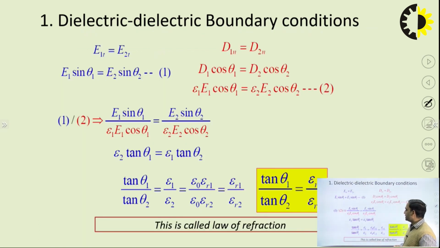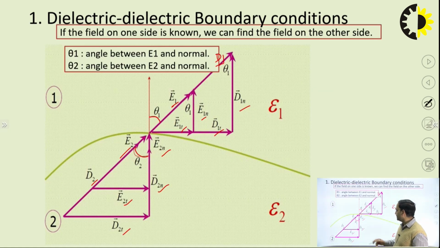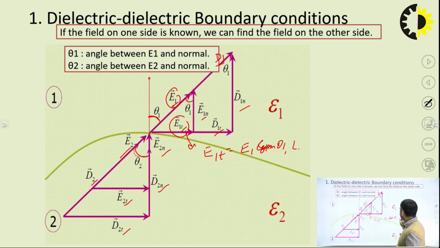For this case again we will use E1t and E2t. We can see it here: E1t is this one, this is theta 1. So what is the expression? E1t is equal to E1 sine theta 1. And E1n will be equal to E1 cosine theta 1.